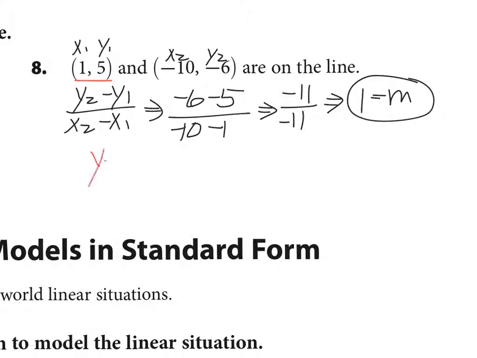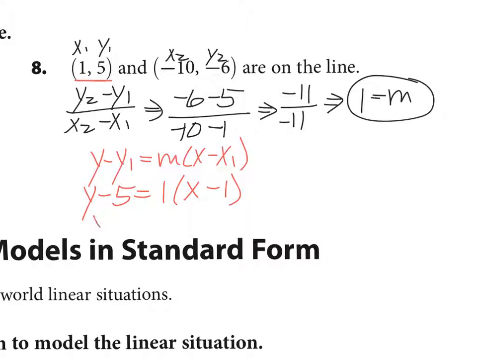So point-slope form, y minus y1 equals m times x minus x1. So I have y minus 5 equals 1 times x minus 1. So then that's y minus 5 equals 1 times all that, which is just x minus 1. So I'm going to bring that up here.